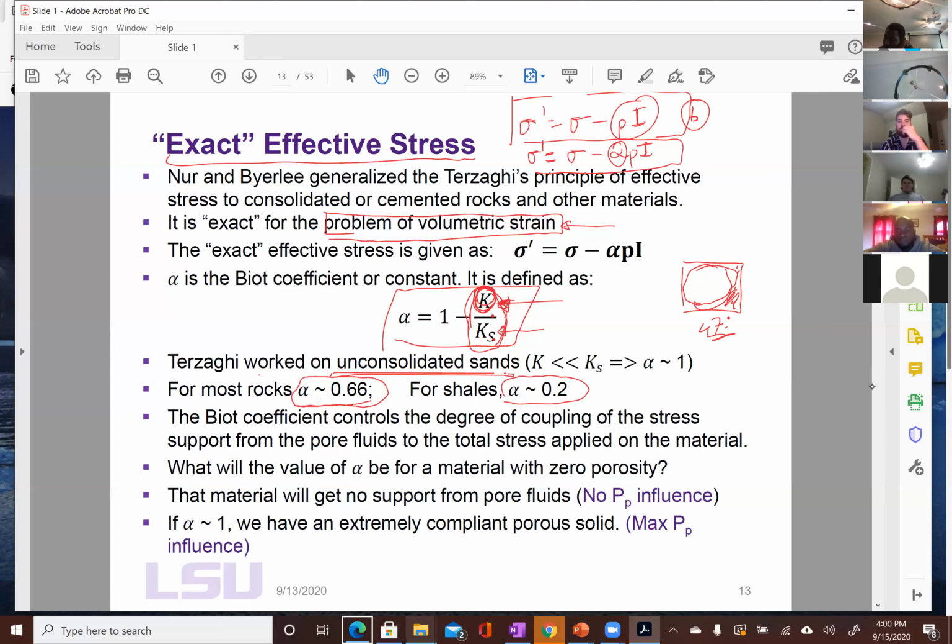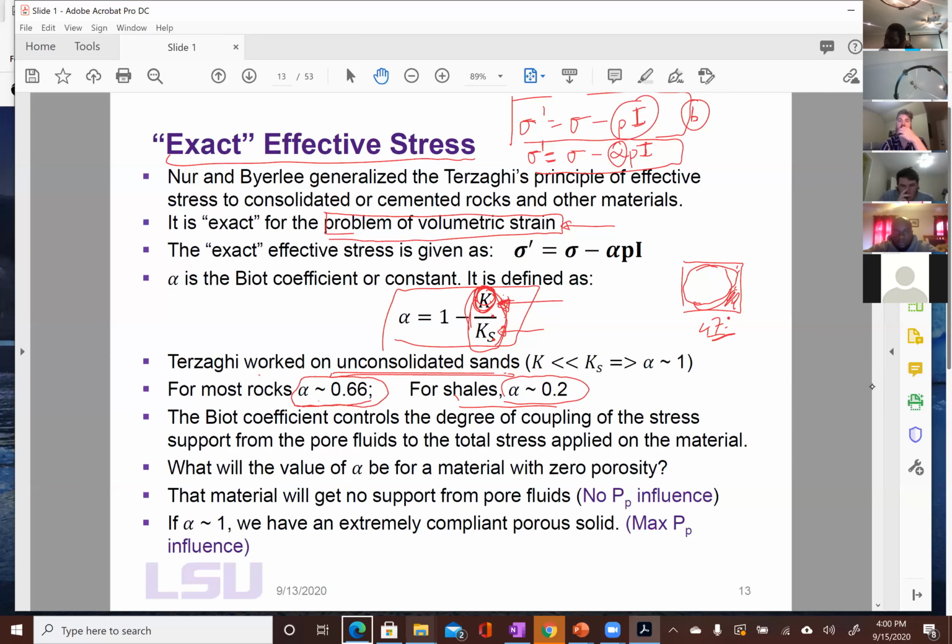In the limit where porosity becomes maximum, K over Ks tends to 0, and alpha becomes 1. And the moral of the story is, if you have very high porosity systems of unconsolidated sands, alpha will be close to 1. In the other extreme, it's closer to 0.